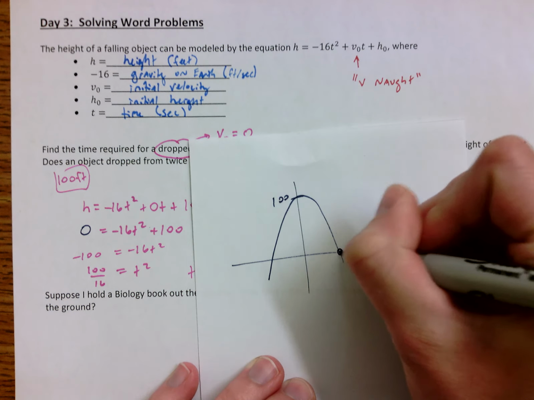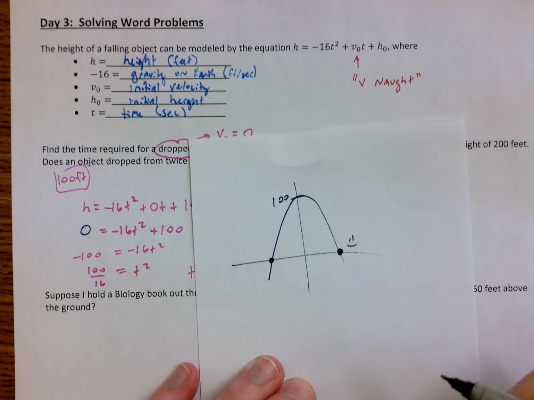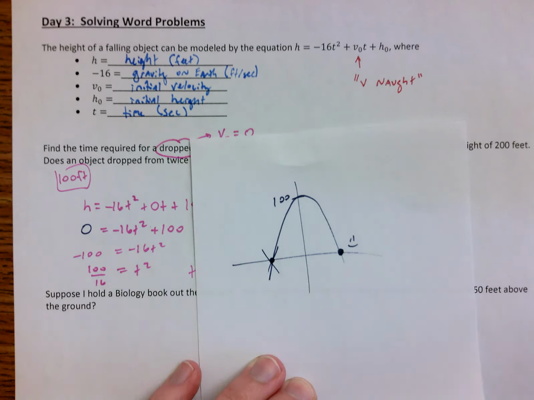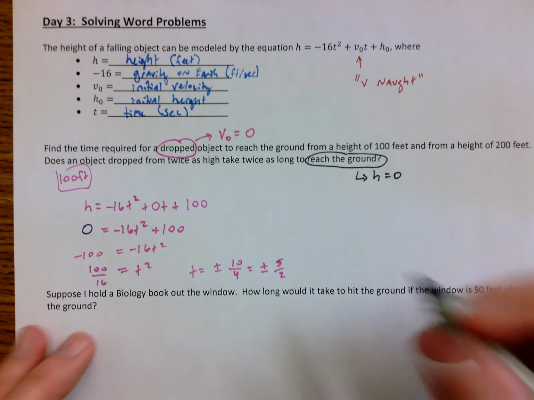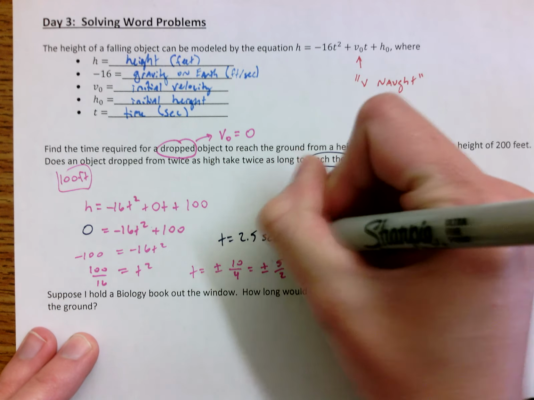So this is the intercept that we actually want, but there's also an intercept over here. That's what that negative answer was. But in this case, we disregard that as an unnecessary solution. And that happens a lot when you're looking at practical applications. So for this one, we're going to just say that it would be 2.5 seconds.